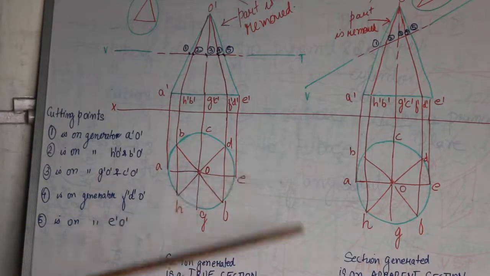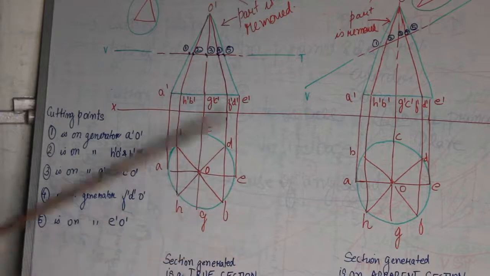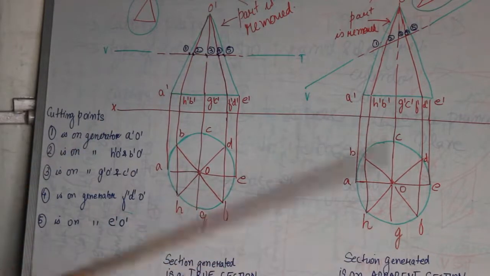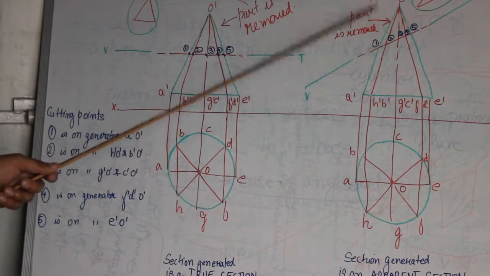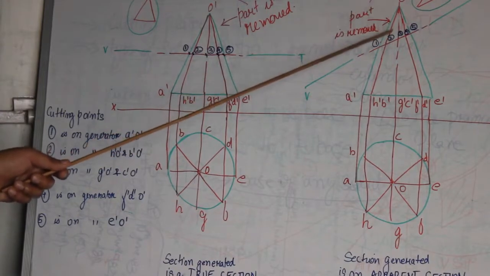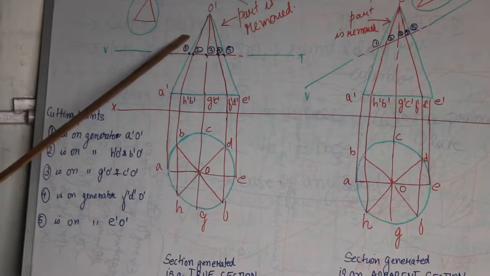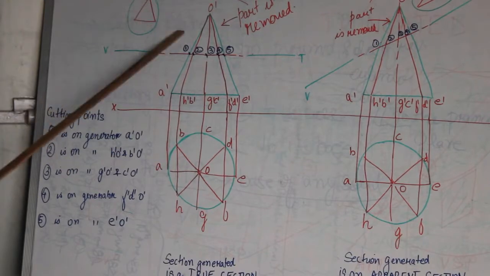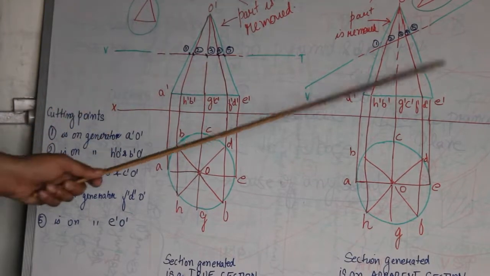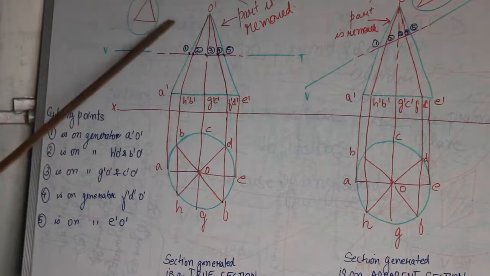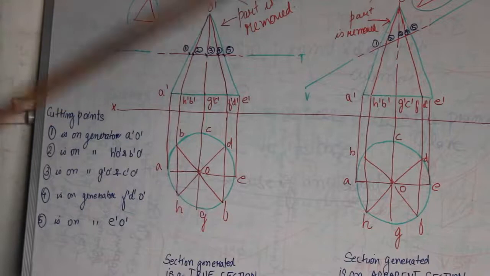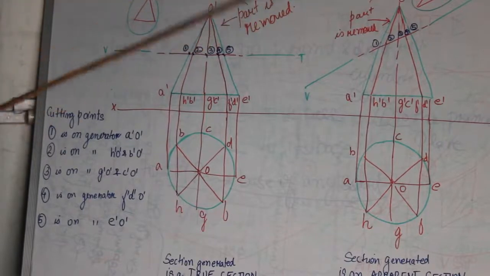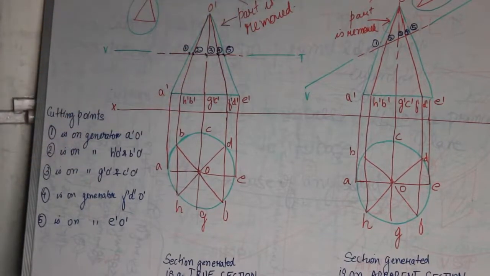This was the question which was raised on how it is a true section, how it is an apparent section. An apparent section is a section which is generated when it is an AIP. A true section is generated when it is an HSP or VSP, and the orientations or the cases may differ for different subjects, right?